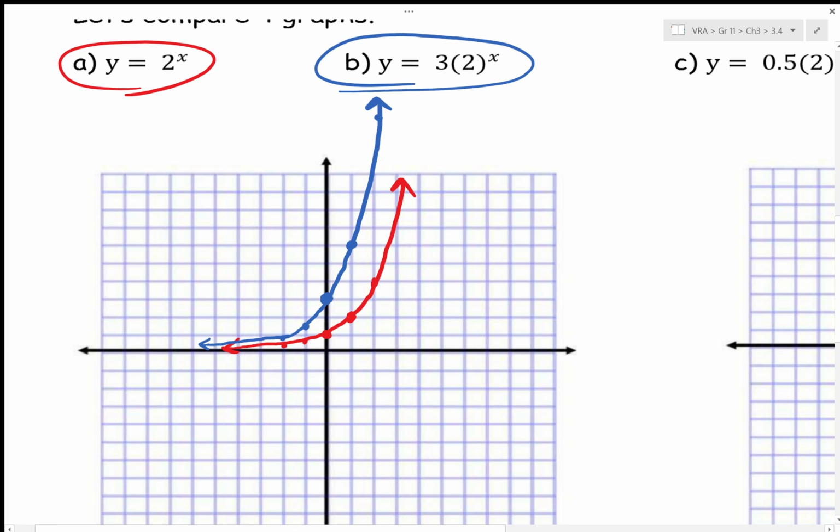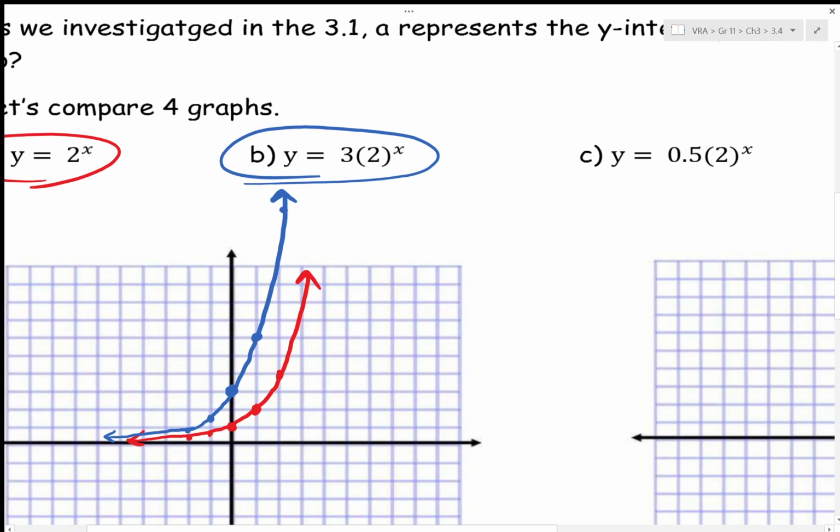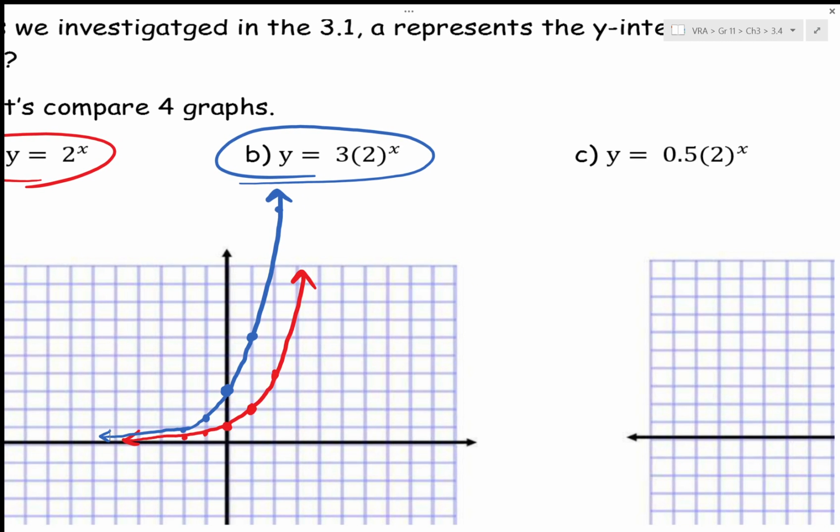In terms of the transformation, which will be covered in the next session, as you expected already, the a value stretches vertically. At the same time it changes the y-intercept. Your reference y-intercept is at (0, 1), and then the y-intercept changes by a factor of a, assuming that there is no vertical translation. So that is the key.